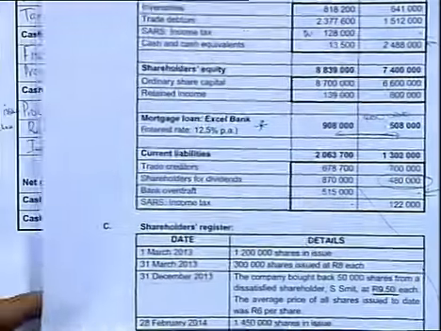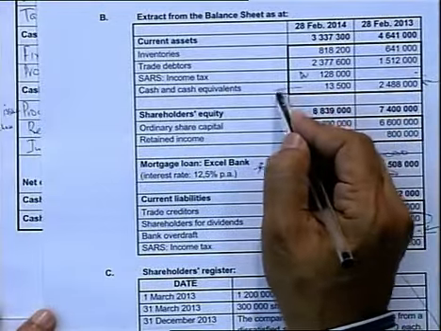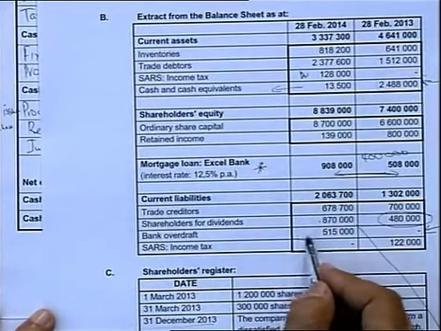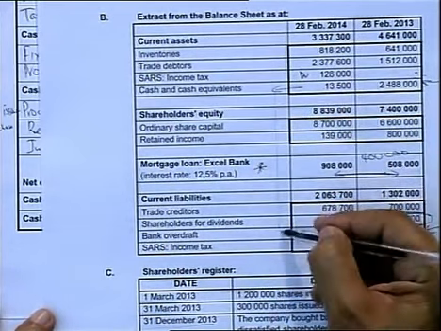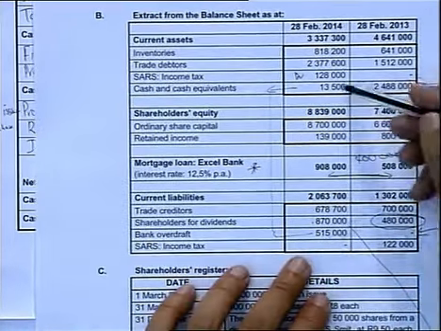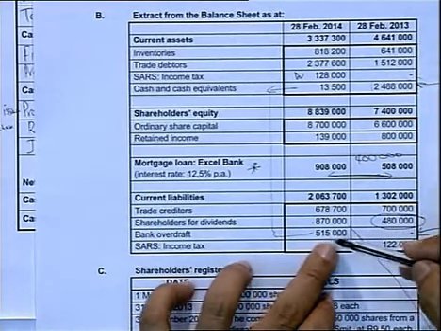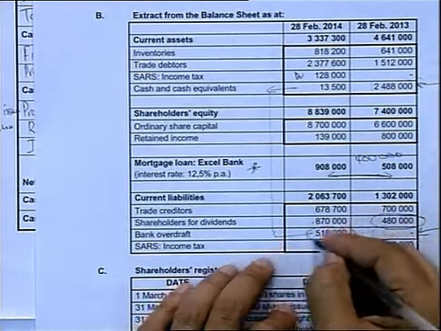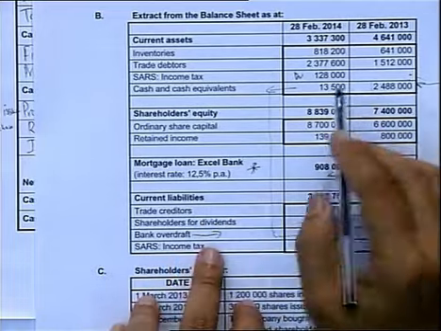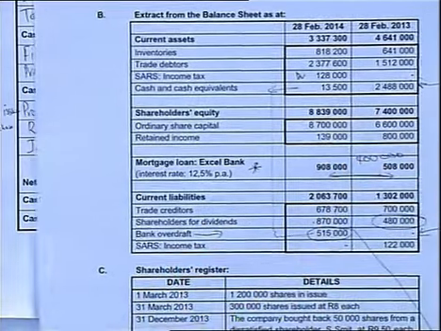Right. Then for the 2014, there is 13,500, a positive, and there's an overdraft of 515,000. So now we have to offset those two figures, meaning 515,000 is a negative because it says overdraft, and 13,500 is a positive, so we have to offset that.